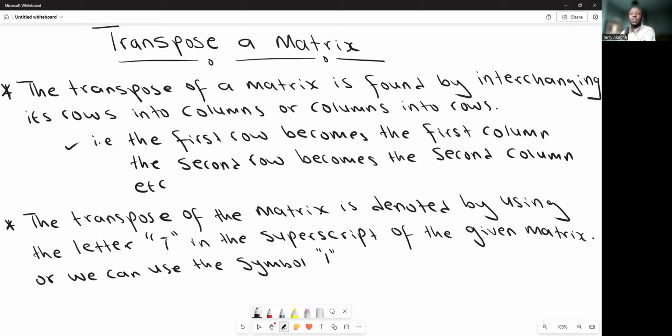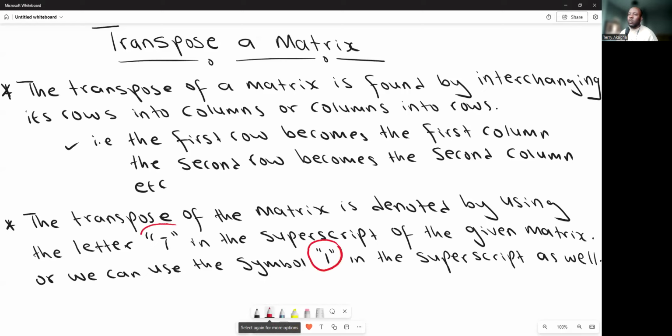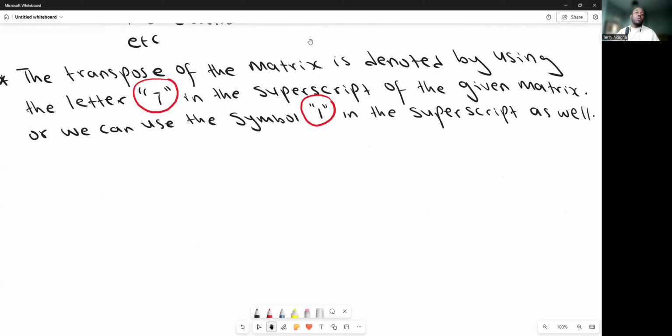It's just like a prime as a superscript as well. So you can use this, or you can use this as a superscript as well. When you play around with this, you will notice that we can also use it to denote the transpose of a matrix.